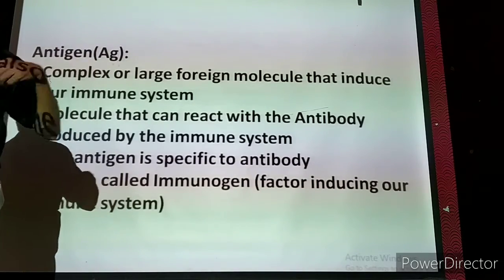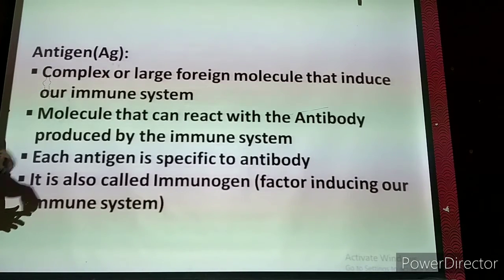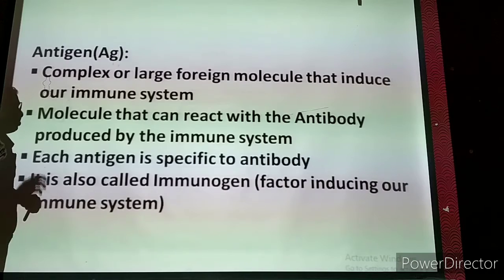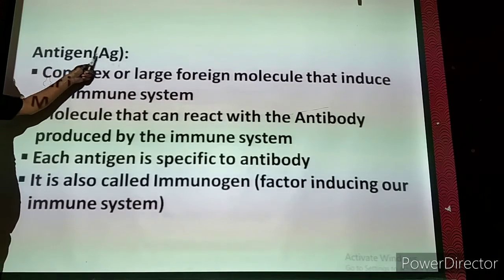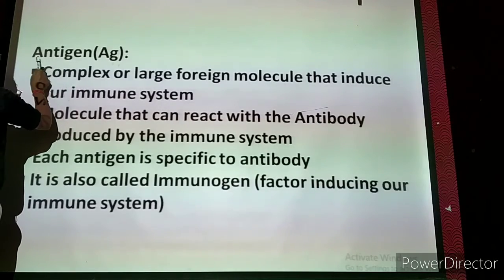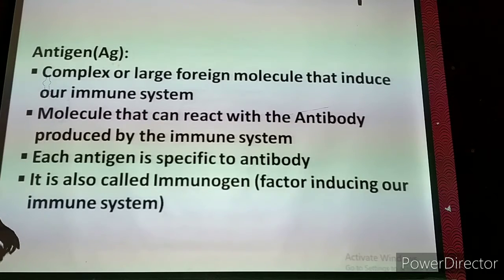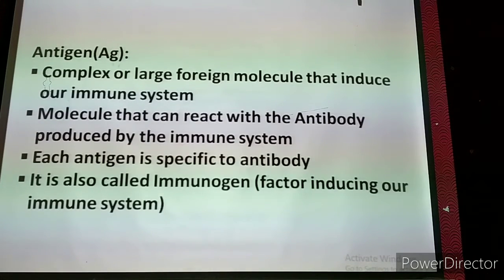Antibody is a chemical produced by our immune system. It is our own body chemical. But antigen is a foreign chemical or foreign substance or foreign structure, anything you can say. Antigen, abbreviation AG. Antigen is any foreign substance, not connected with our body, coming from outside.